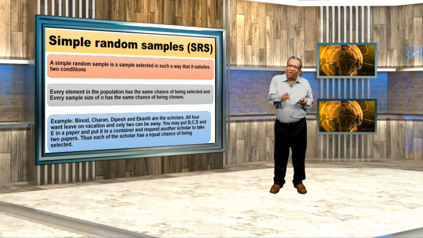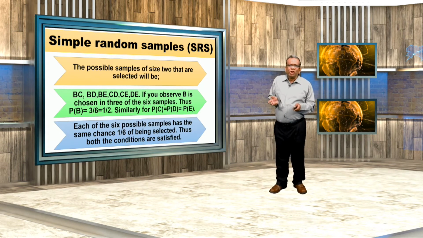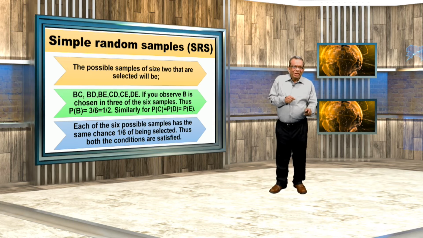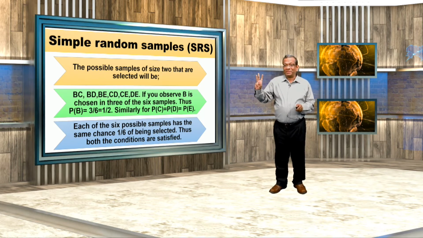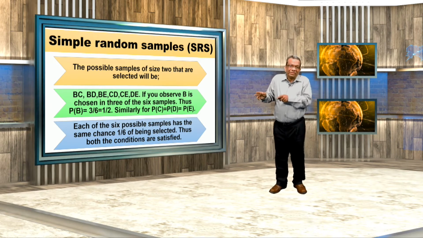Thus, each scholar has an equal chance of being selected. The possible samples of size 2 that can be selected are BC, BD, BE, CD, CE, DE. If you observe, B is chosen in 3 of the 6 samples. Thus, the probability of B being selected is 3 by 6, which is half.